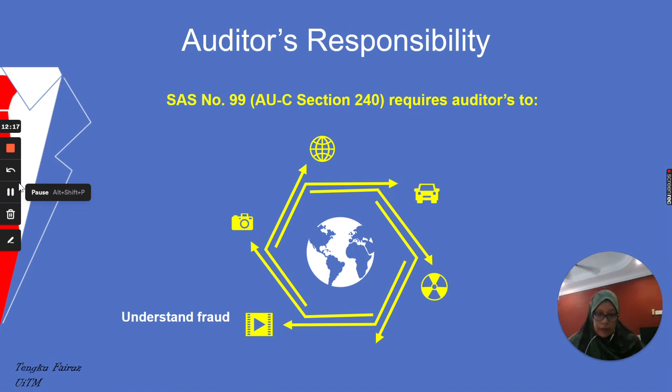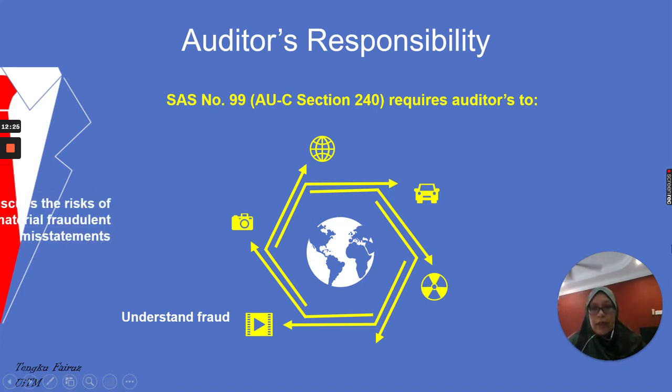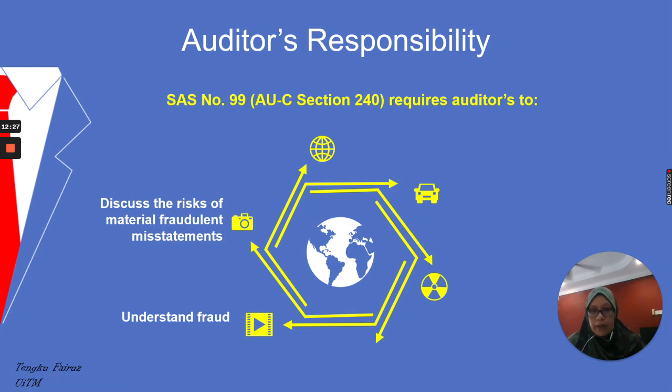So meaning here they need to understand the fraud, how and why, okay, it is committed. And then the second one, the auditors need to discuss the risk of material fraudulent misstatements, how and where the company's financial statements are susceptible to fraud.